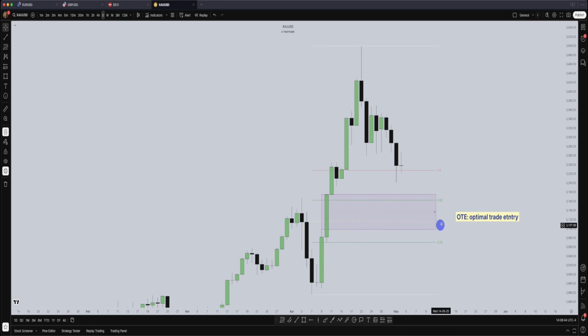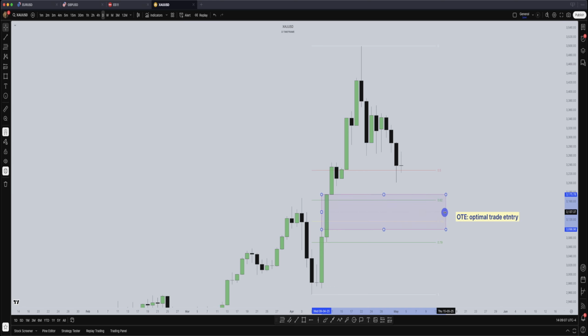So as you can see, we have a correlation, this fair value gap is sharing this area. Okay, so this is important to know. This is a strong area to keep in mind to search for a setup.